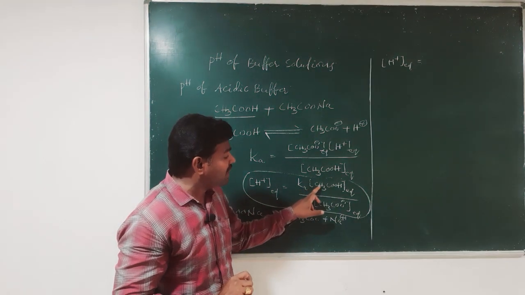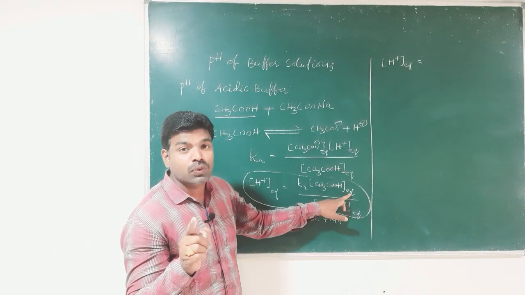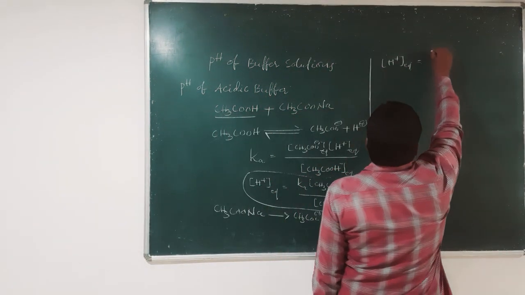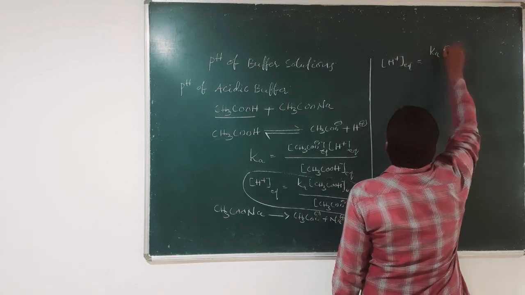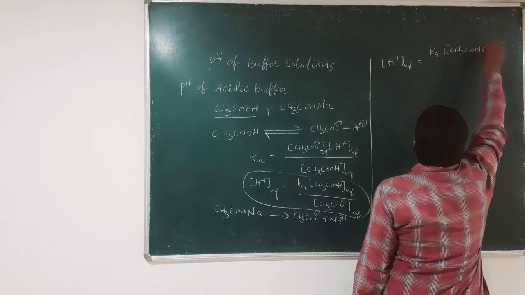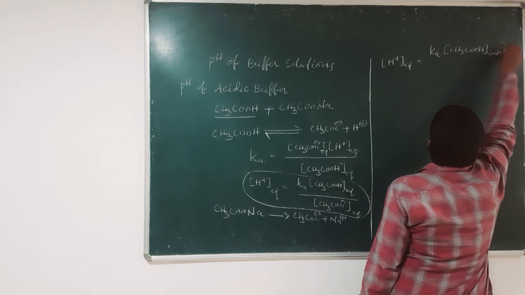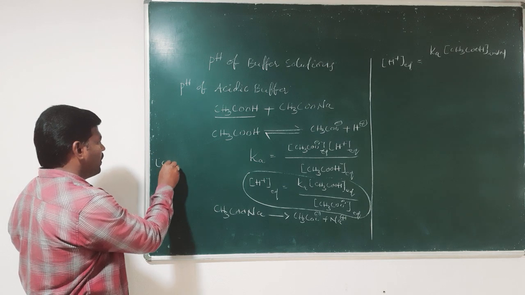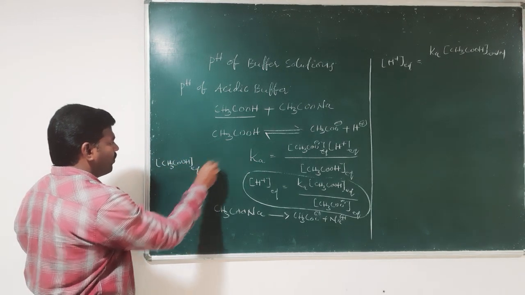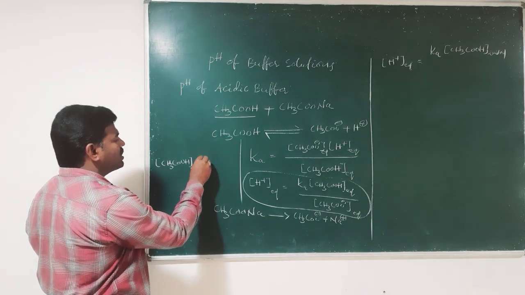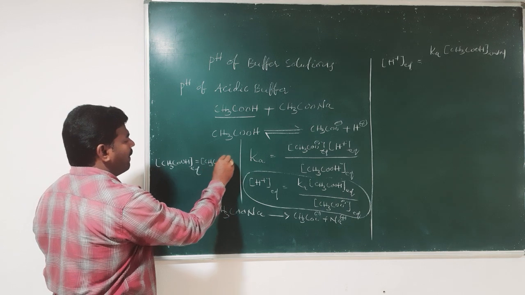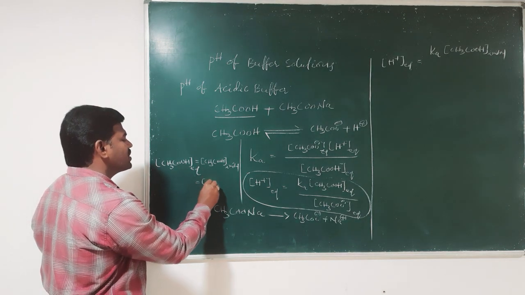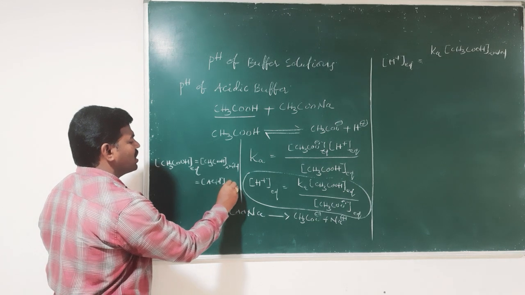So the concentration of H plus ions is equal to Ka into the initial concentration of acetic acid CH3COOH, that is, the initial concentration of acid.